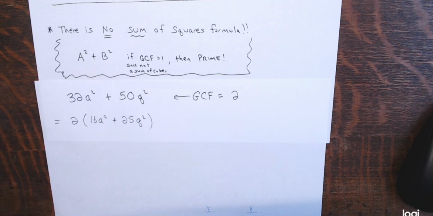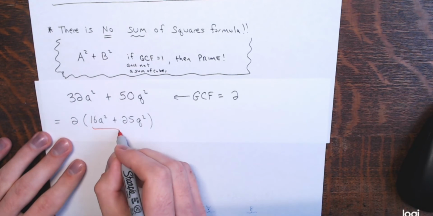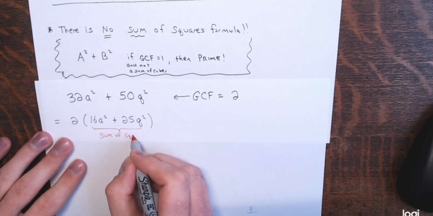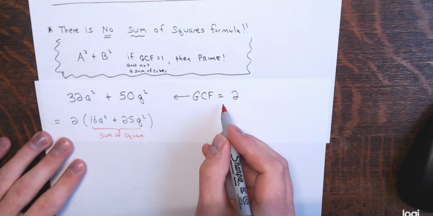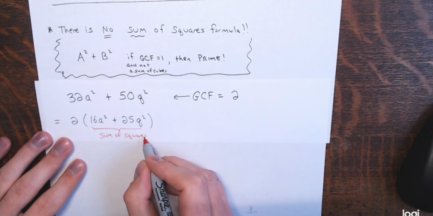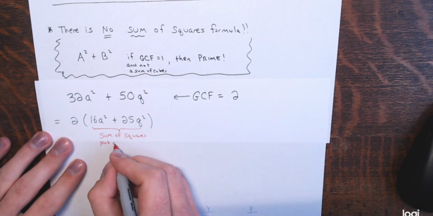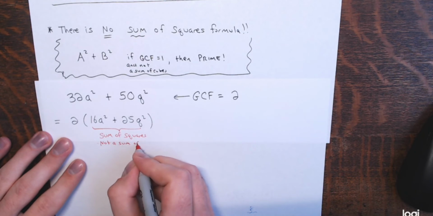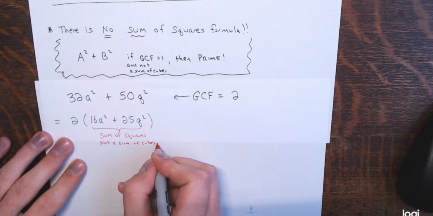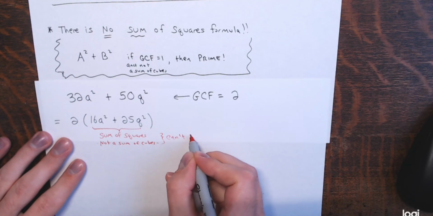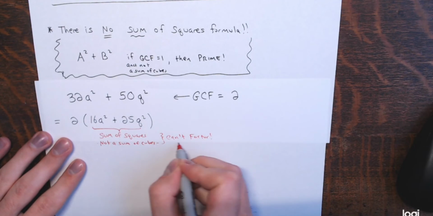All right, here is a sum of squares, right? This is a sum of squares, and I already pulled out the GCF, and it's not a sum of cubes, right? It's not a sum of cubes. So I can't factor this anymore. This is as factored as it gets.